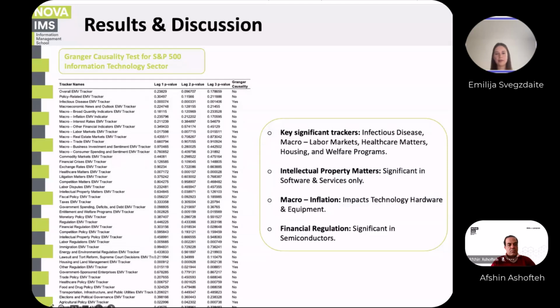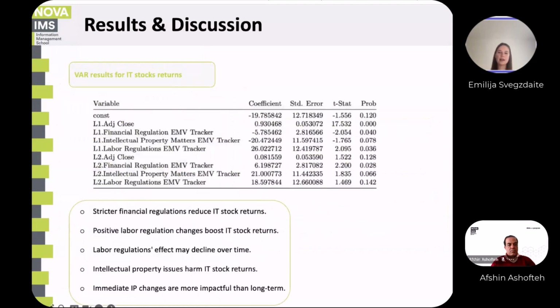And the VAR model analysis of IT stock returns showed that EME trackers impact returns at different lags. The financial regulation tracker at the first lag has a significant negative effect, suggesting that tighter regulation may raise compliance costs for IT firms.